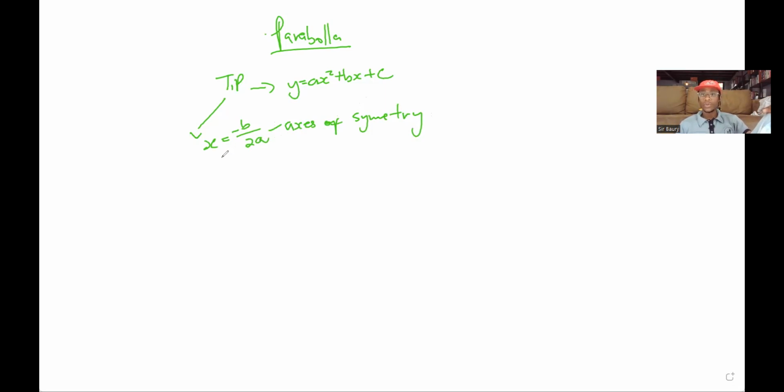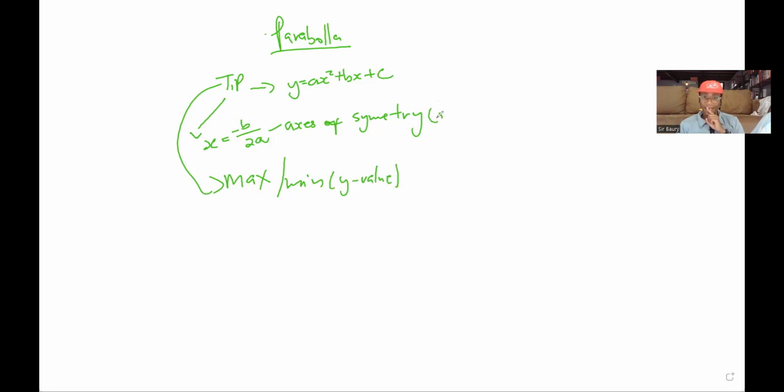You need to know also that the turning point is when they ask you about the maximum or the minimum. If the question asks you about the minimum or the maximum, they want you to calculate the turning point, the y value.